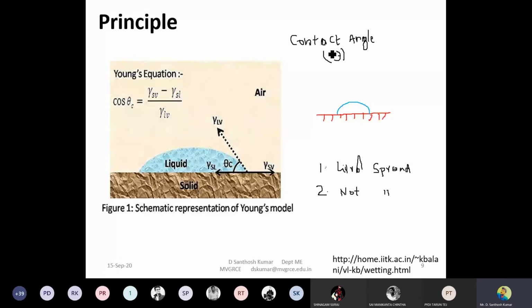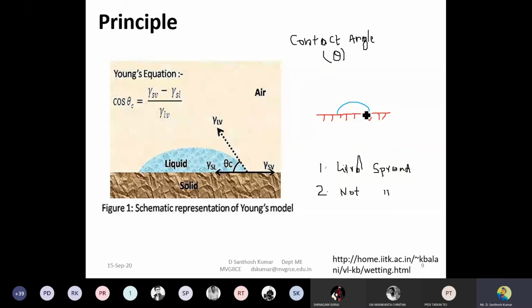So let us say that there is a solid surface, and over it the droplet simply spreads. So full wetting takes place here. Whether wetting will happen or not depends upon the surface energies, which finally come back to the contact angles.